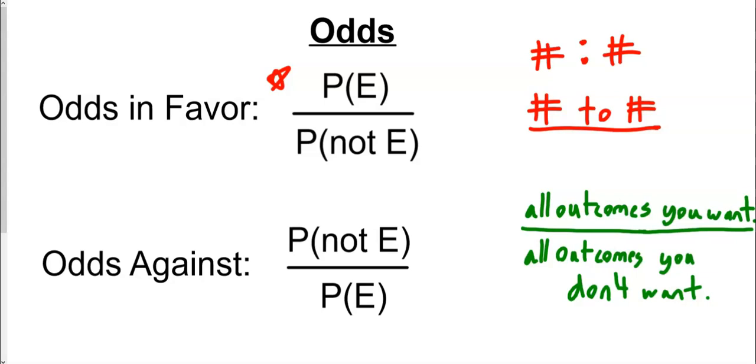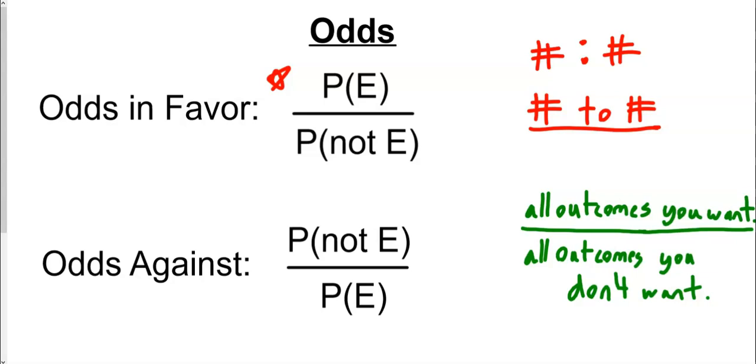The 4, the 5, the 6, all of those are losers. So how many outcomes are there that I don't want? There are 5 of them. Because if the 1, the 3, the 4, the 5, and the 6 pop up, I've lost. The only way I win is if the 2 pops up. So the odds in that situation would be 1 to 5, or 1 over 5. Because there's only one outcome where I win, but 5 where I lose.